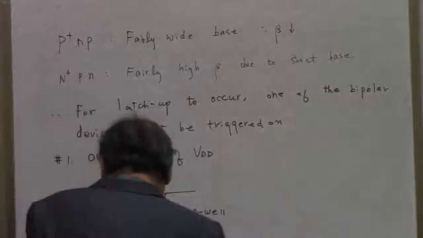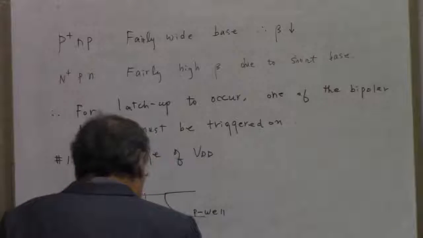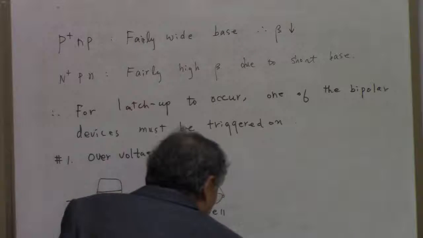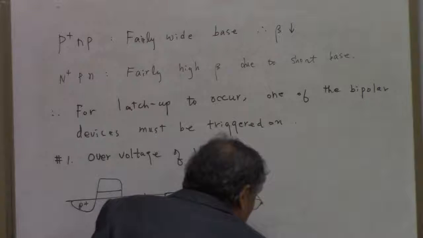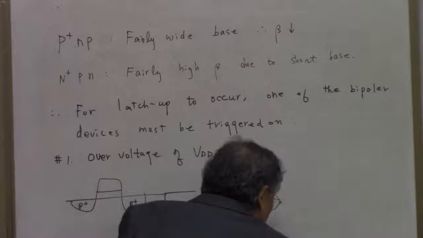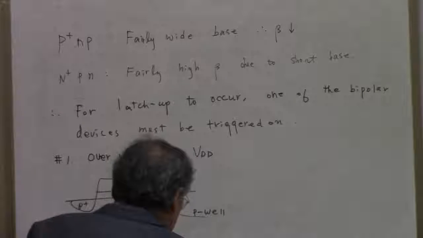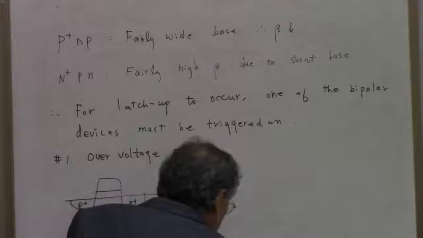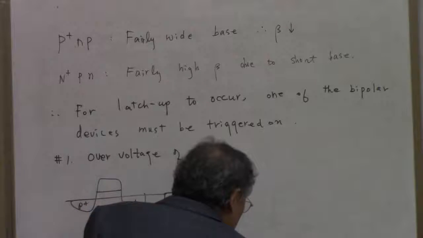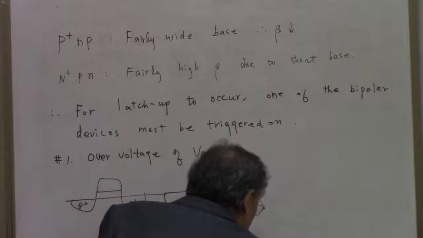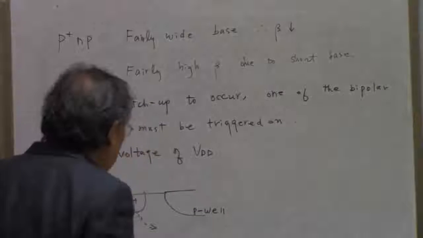at the source, so that holes may be injected into the P-well to trigger the vertical bipolar transistor on.